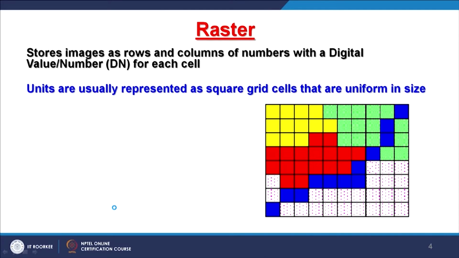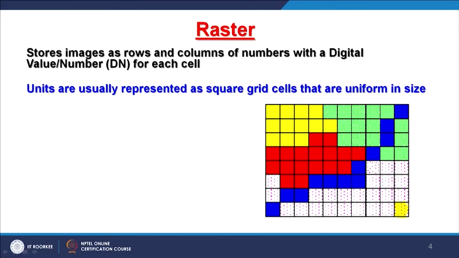We are now discussing raster data compression techniques. As we know, raster data is stored in terms of rows and columns, and each cell represents either a pixel or a cell, depending on whether I am using a grid or an image respectively.